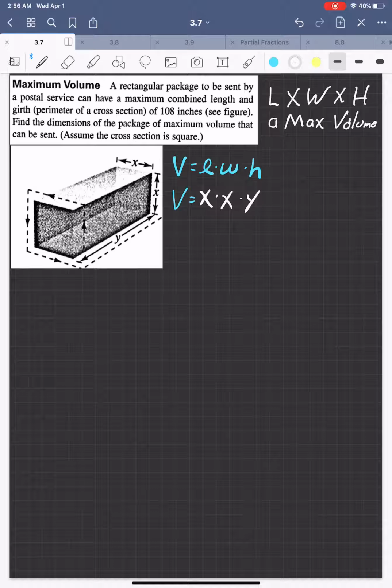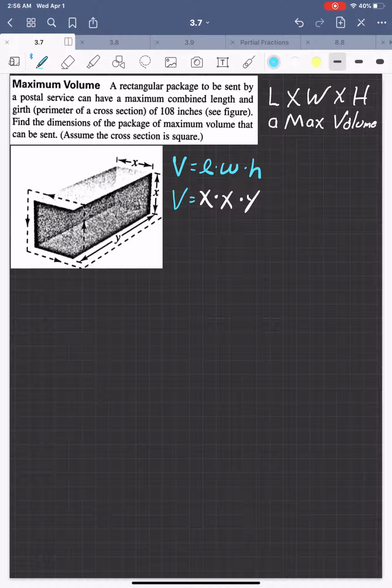Now, it doesn't matter to me if you call y length or y height or y width. None of that matters, because you can tip the box over and change what you mean by length, width, height. That doesn't matter to me.